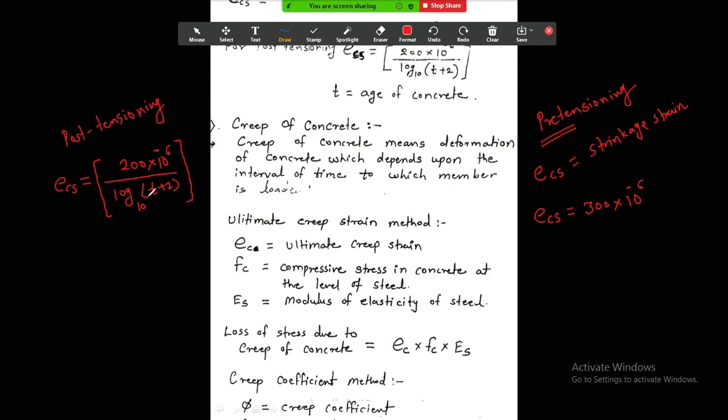Here t is the age of concrete, that is, how old the concrete is.